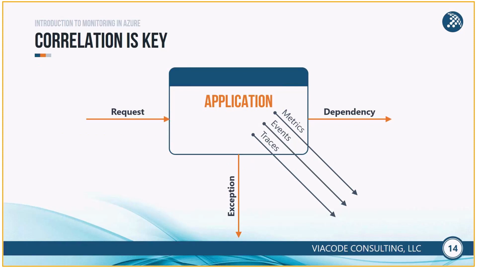Consider the application as a piece of code that's running in some type of process. It accepts requests. It calls some other applications or services, let's say SQL or storage. It sometimes throws exceptions. This application is a single unit of deployment, management, and support. And it's usually running within the boundary of a process.